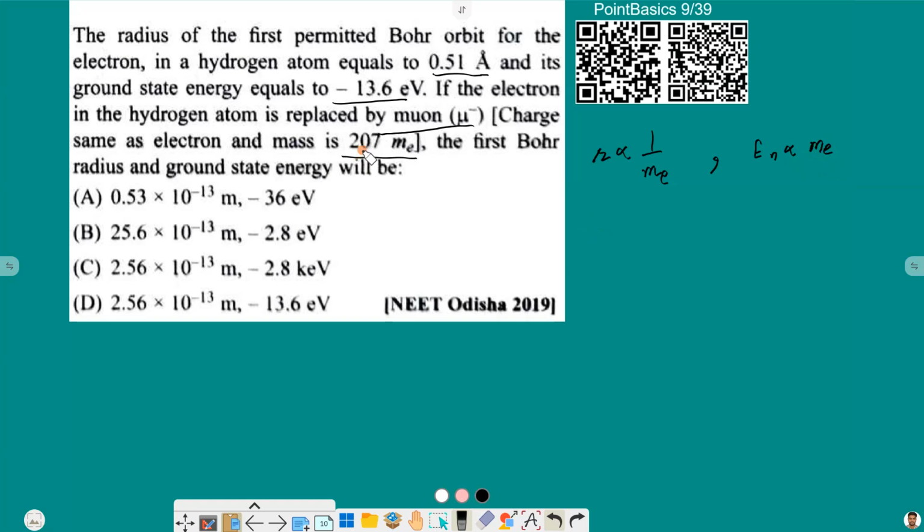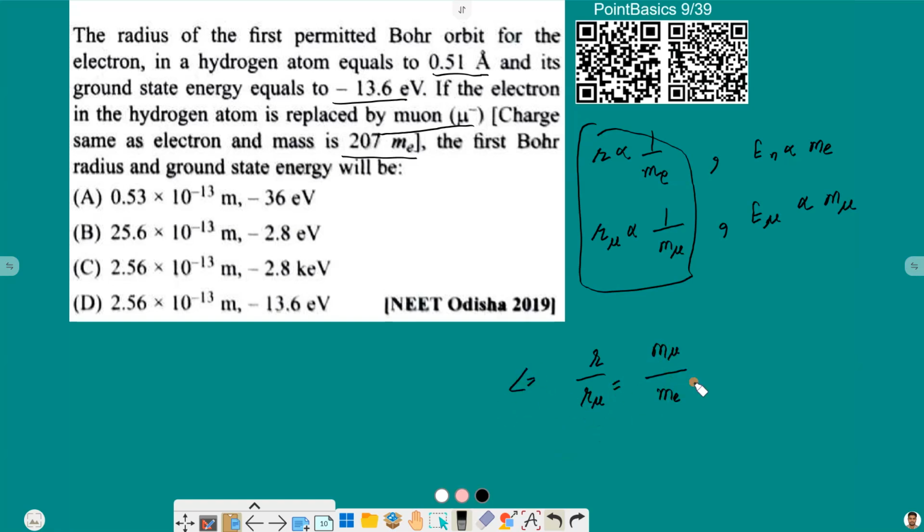Now, if electron is replaced by the muon, then what will happen? That radius of muon will be inversely proportional to mass of muon, and energy of muonic atom will be proportional to mass of muonic atom. So what we can do here, we can divide both of these equations, and what we will get, R by R of mu is equal to Me by Mu. So from this ratio is equal to 207.